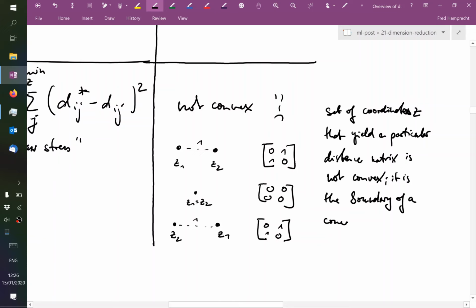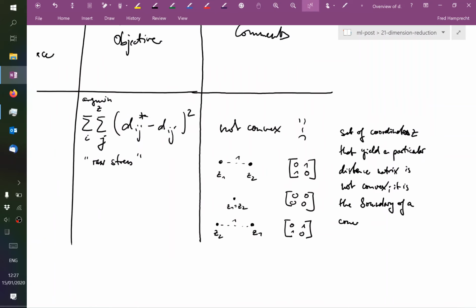And then you can find pretty mathematical treatments of what this space of distance matrices is. So, for example, there's a nice book by Deza, if anyone is interested.